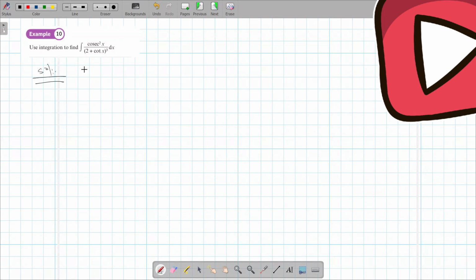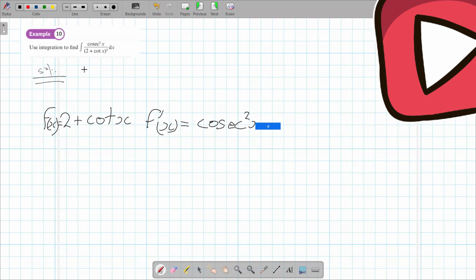2 plus cot x. Okay, so at the bottom we have 2 plus cot x.